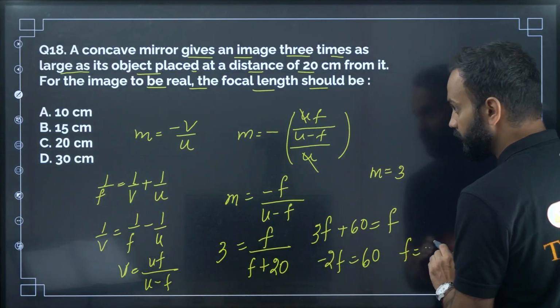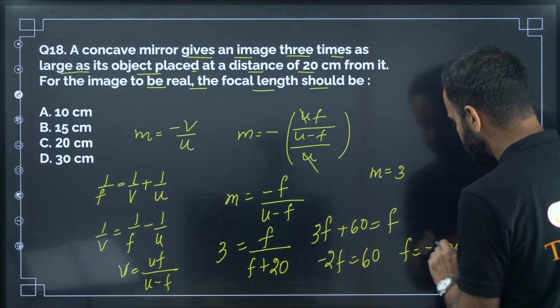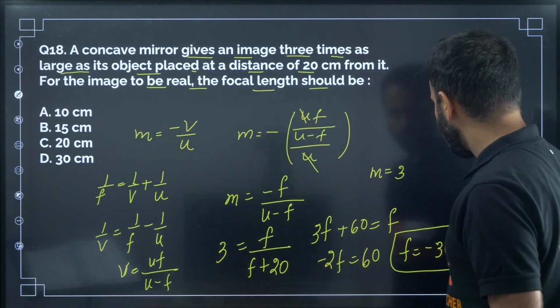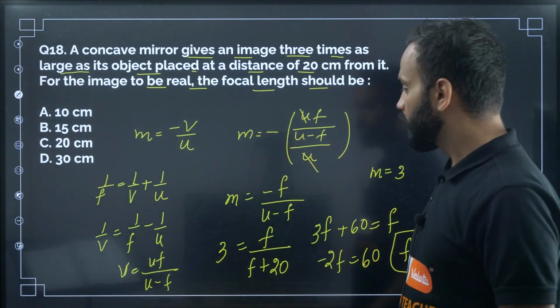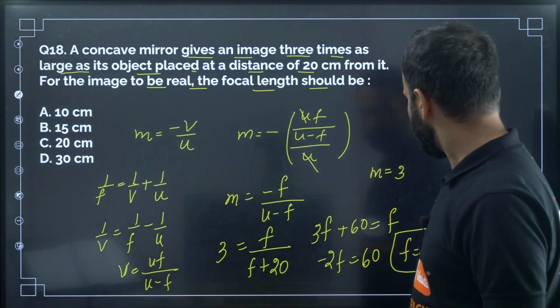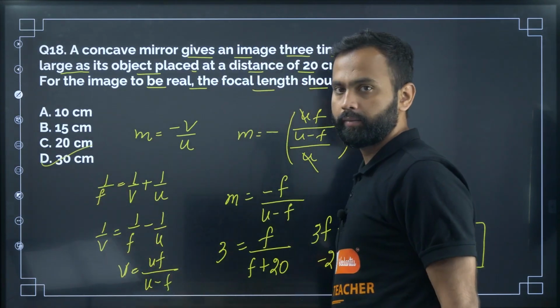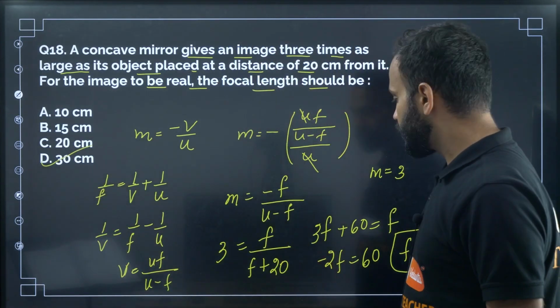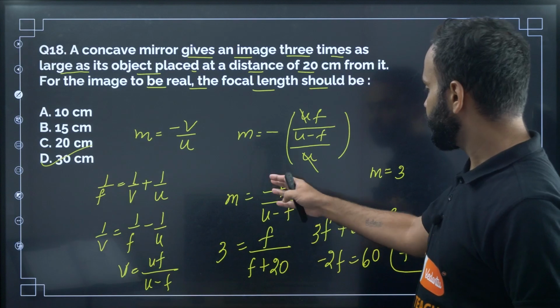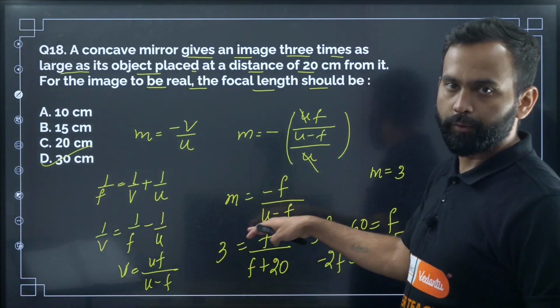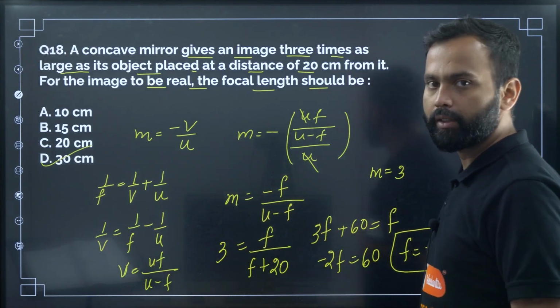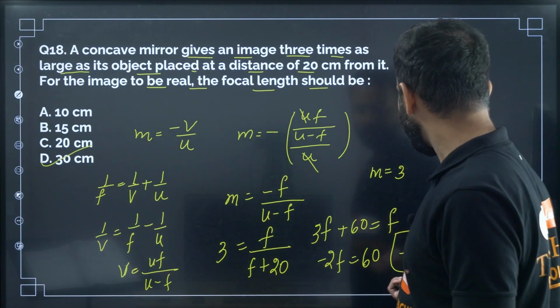So f equal to minus 30 centimeter. So concave mirror has negative focal length, right? So that's why it's negative 30 centimeter. So the correct option is D. You will get plus 30 centimeter if you take the sign convention here. From this formula only, you will get the positive 30 centimeter, but I didn't take that here.